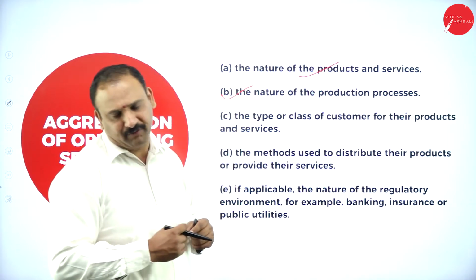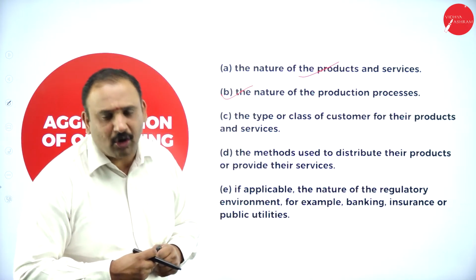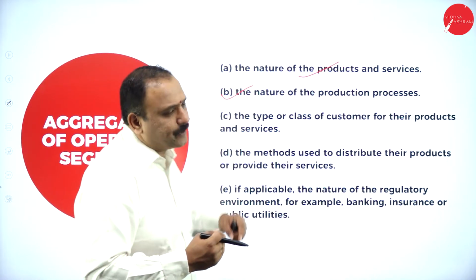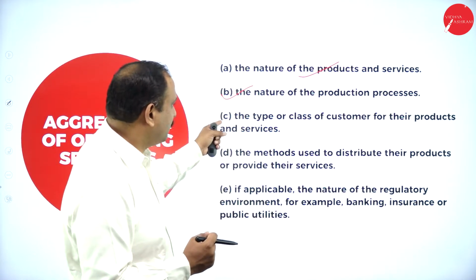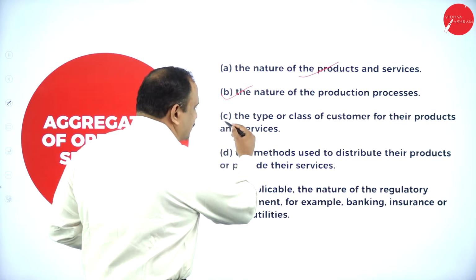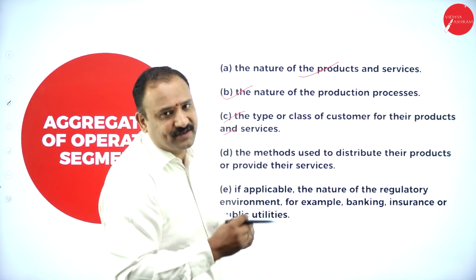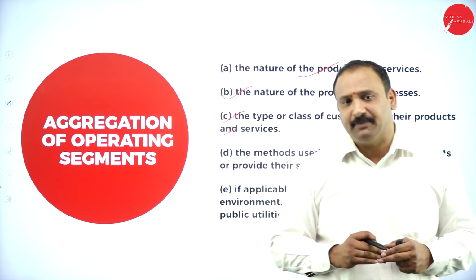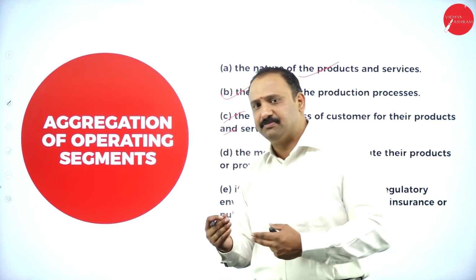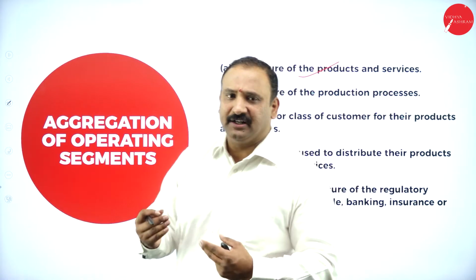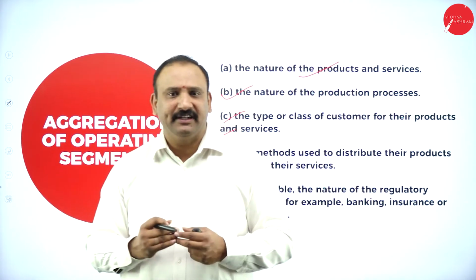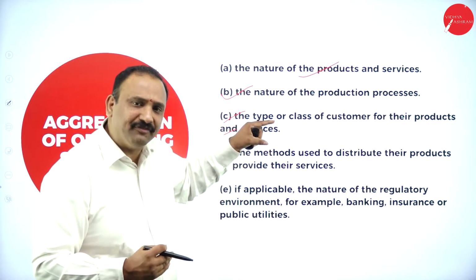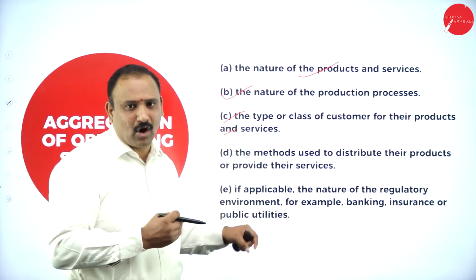But what is important for us is the nature of the production process, what methodology is being used to produce those kinds of vehicles, followed by the type or class of customers for which the products or services are being offered. Now, when you look at high-end cars like the BMW, the Audi, the Mercedes-Benz, or Ferrari, Lamborghini, and all those kinds of high-end cars, automatically the type and class of customer will definitely differ from that of normal vehicles.